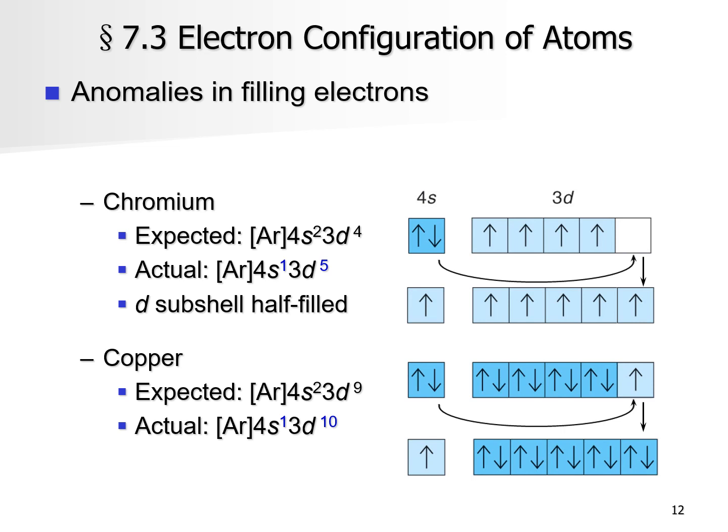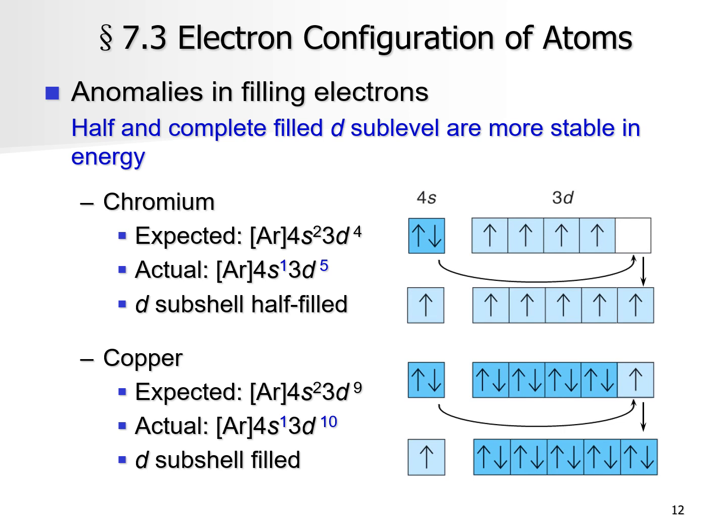Actually the mathematics doesn't tell us that much, but we can come to a conclusion from our observation: if we have a d subshell half or completely filled, it will trigger some energy release to make such an arrangement more stable in energy.